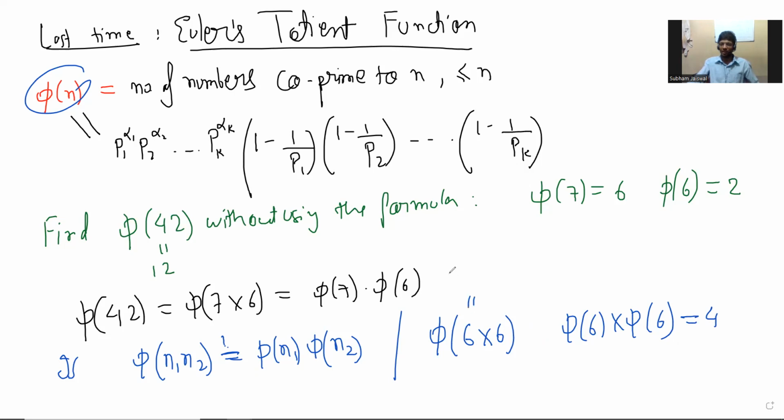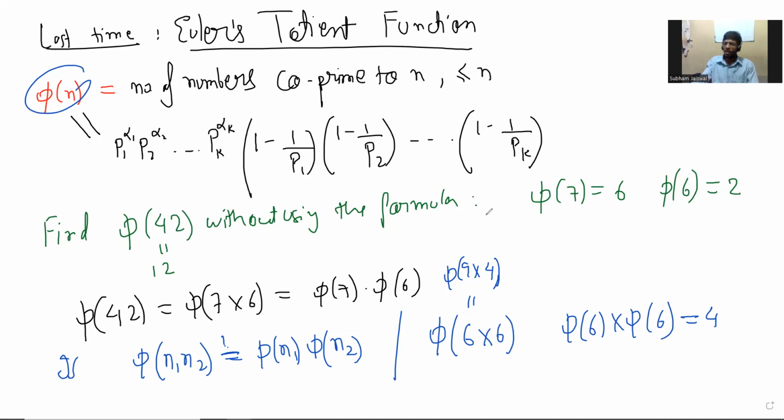And so what is phi of 36? You could try to calculate it, but we don't know. Just calculate and tell me using the formula or whatever. You're getting 12.